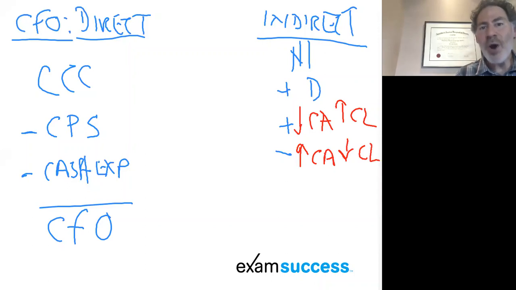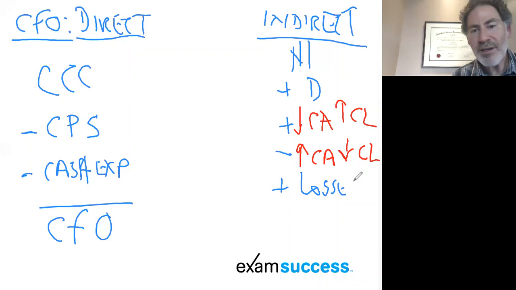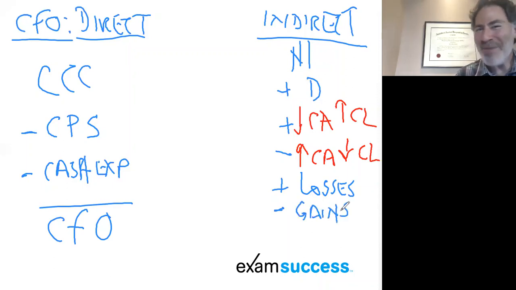Okay, then there's some other unusual items here, and I'm just going to write them in here. Plus any losses, so if these are losses on the sale of assets, minus any gains on the sale of assets. Kind of looks backwards. Watch out for that. But we're not in the business of buying and selling our assets.